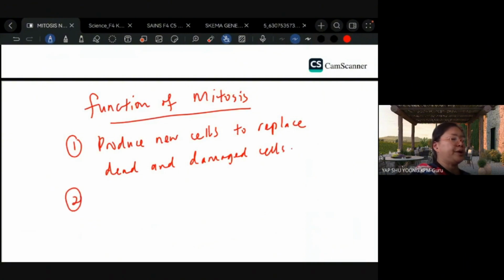The second one: increase the number of cells for growing.